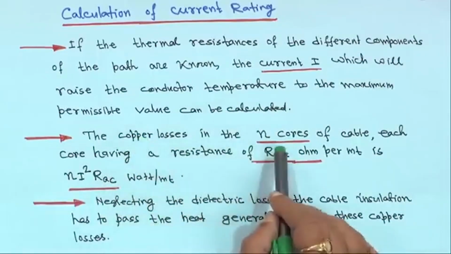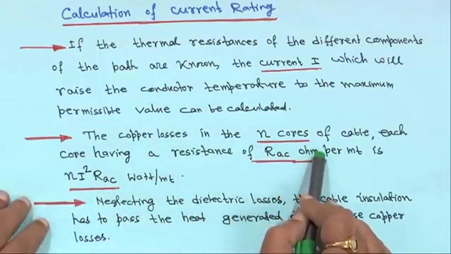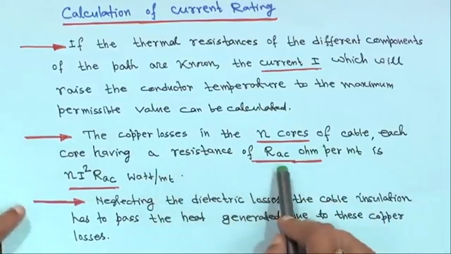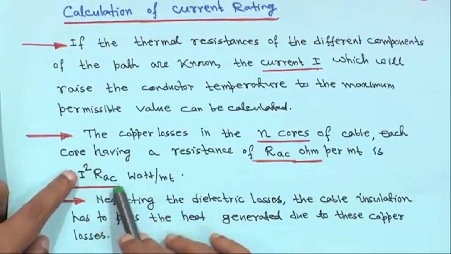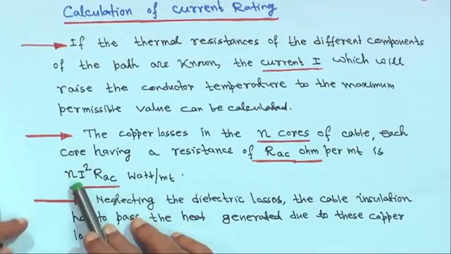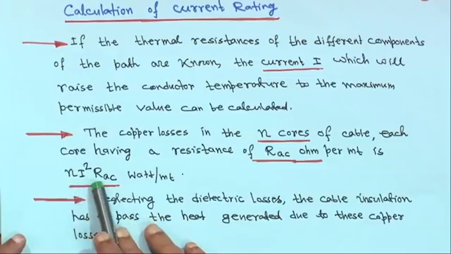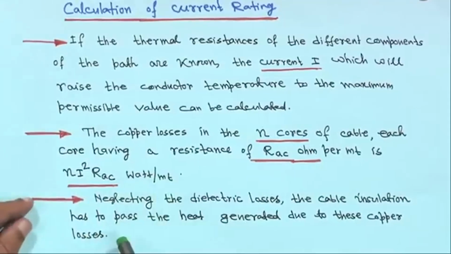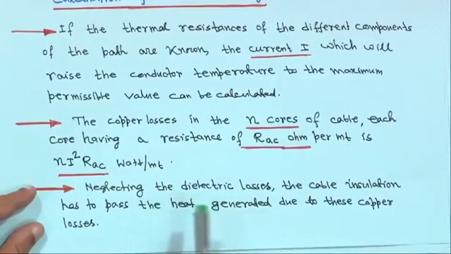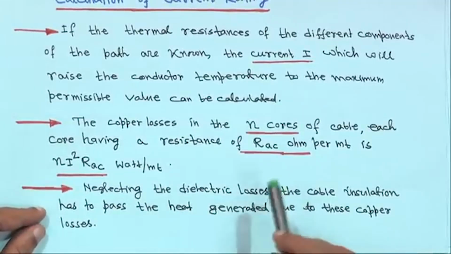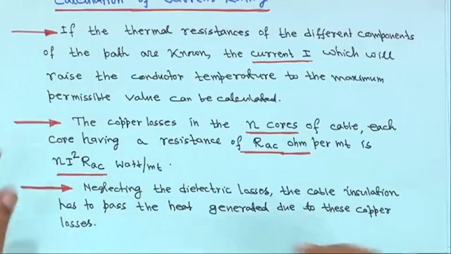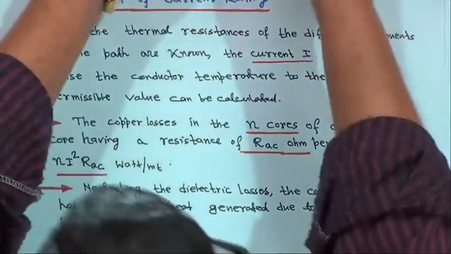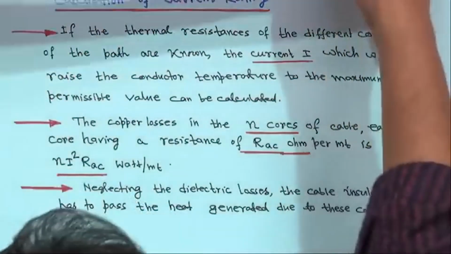Now, the copper loss in an n cores cable, each core having a resistance of RAC ohm per meter, means total loss is I square RAC per core, and with n cores, it will be n into I square into RAC watt per meter. So, neglecting the dielectric losses, the cable insulation has to pass the heat generated due to these copper losses.